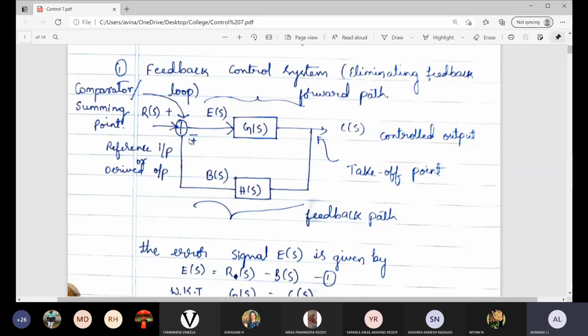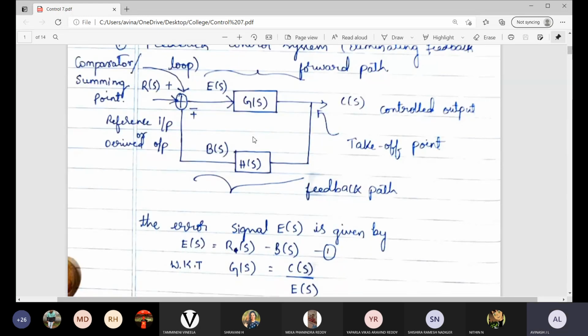For this block diagram we have taken the input R of S, that is the reference input, and C of S is the controlled output. G of S is the gain, or you can say the block value. H of S is the feedback element.